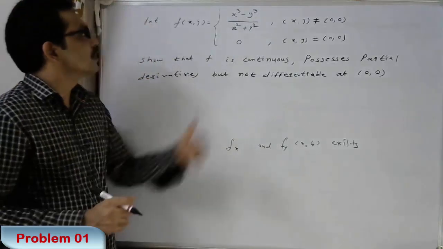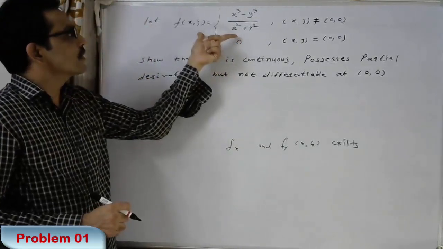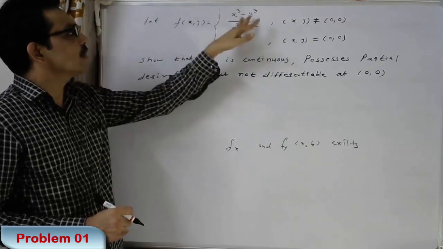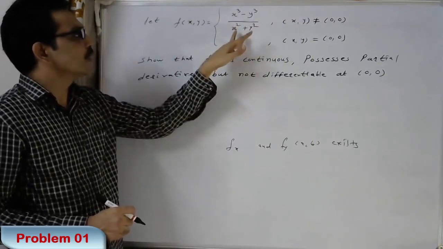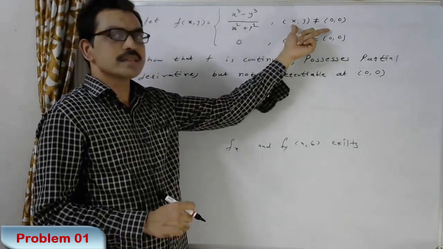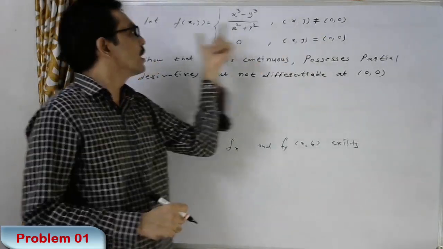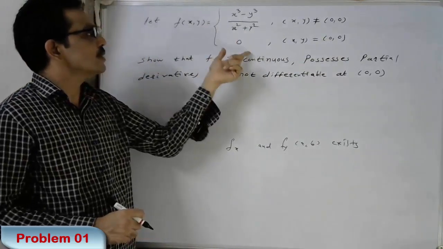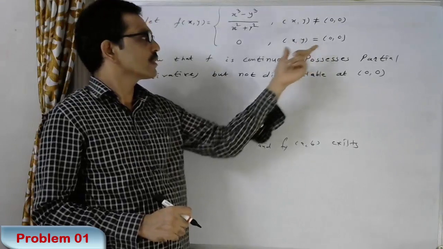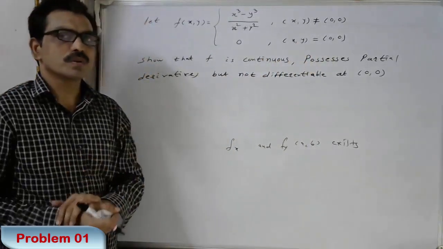See, in this problem, this is the given function. f(x, y) is equal to (x cube minus y cube) divided by (x square plus y square) when (x, y) is not equal to (0, 0), and the value of the function is 0 when (x, y) is equal to (0, 0). The converse is not true.